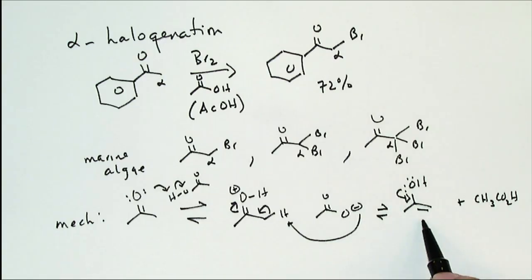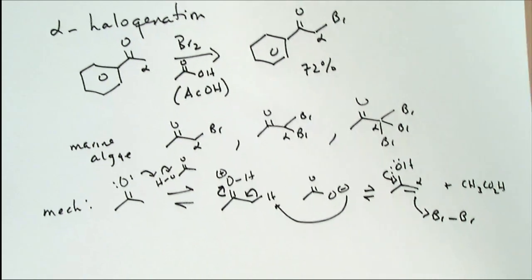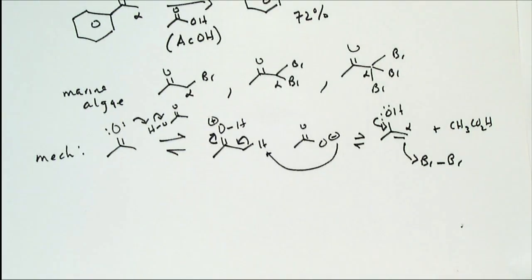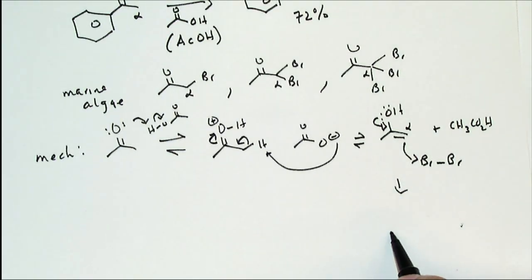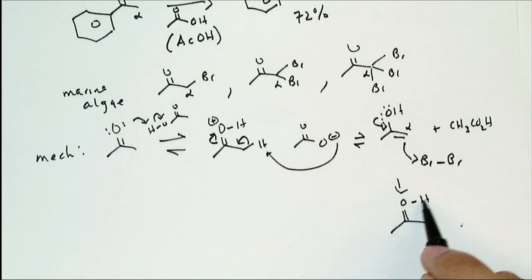And so the alpha carbon, this one, which is, of course, nucleophilic, will reach over, and it's actually going to grab one of the bromines in your Br2, so that the result of that is that I'm going to have here double bond OH plus charge here, and you've now attached a bromine at that position.